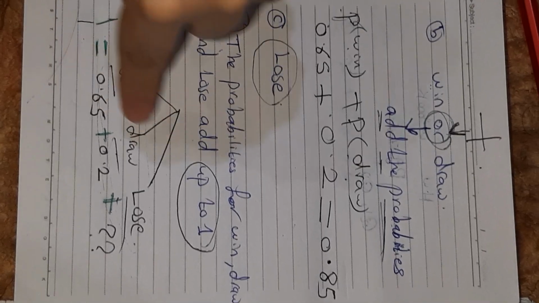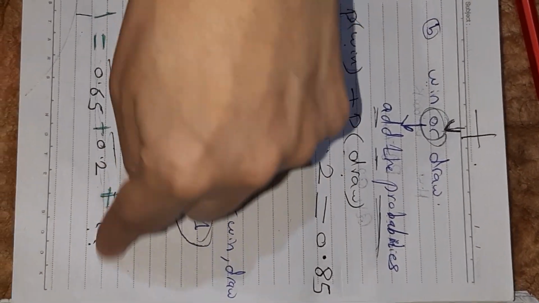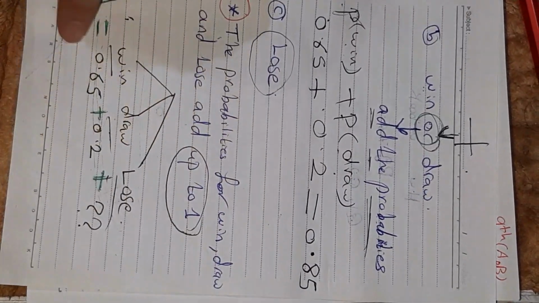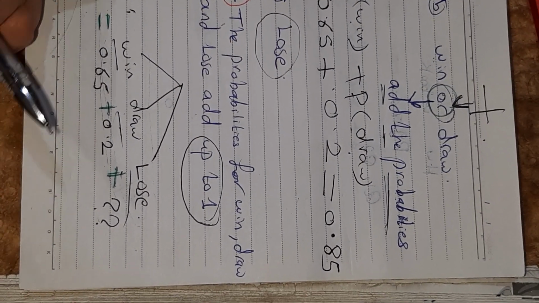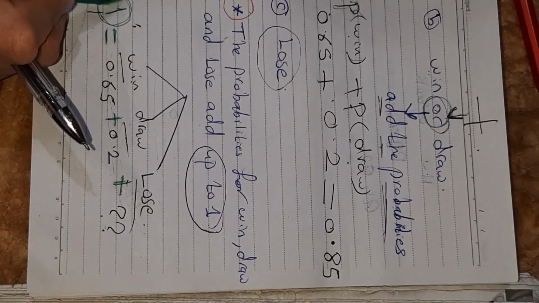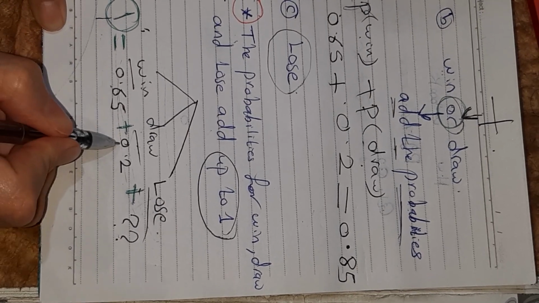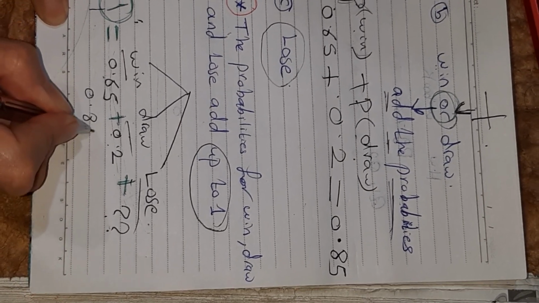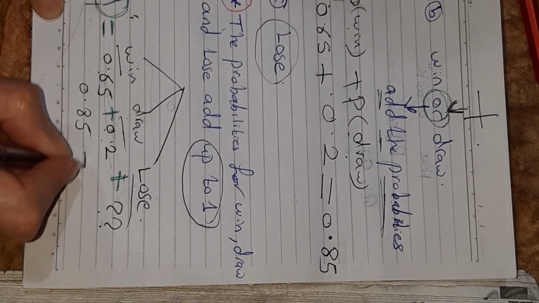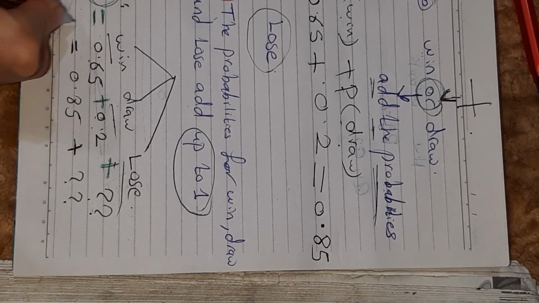The probabilities for win, draw, and lose add up to 1. Here 0.65, 0.2, unknown, we don't know. If you add these 3 outcomes, the probability of these 3 outcomes, you will get 1. So here 0.65 plus 0.2, 0.85 plus something we don't know equals 1.